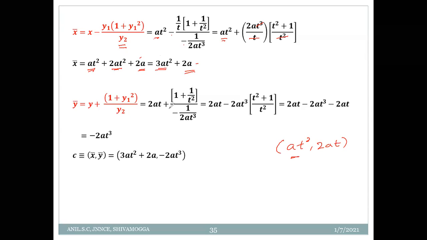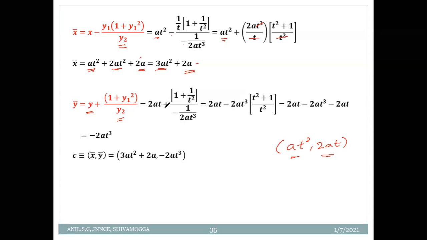Next, y coordinate. y bar is given by y plus 1 plus y1 square divided by y2. y is 2at. 1 plus y1 square, y1 is 1 by t. Therefore, 1 plus 1 by t square divided by y2, and y2 is minus 1 over 2at cube.